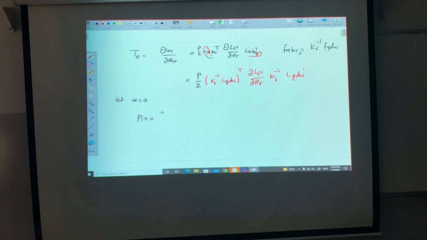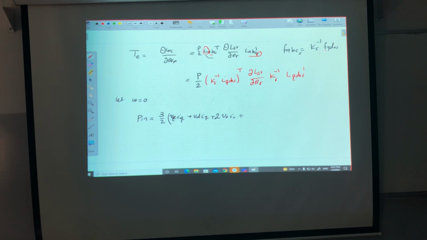It was 3/2, I think, due to the transformation, correct? Then it will equal V_Q I_Q plus V_D I_D plus 2 V_0 I_0.